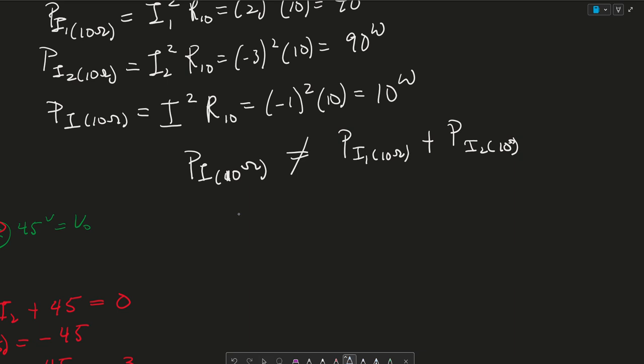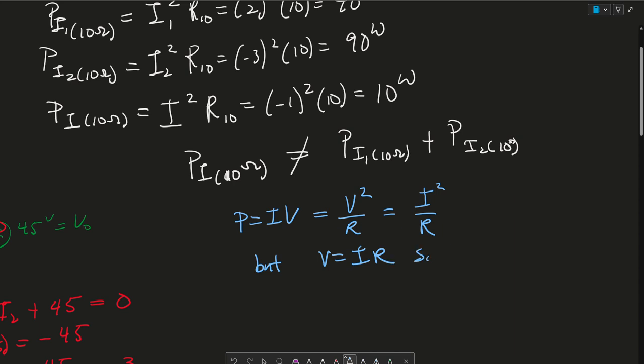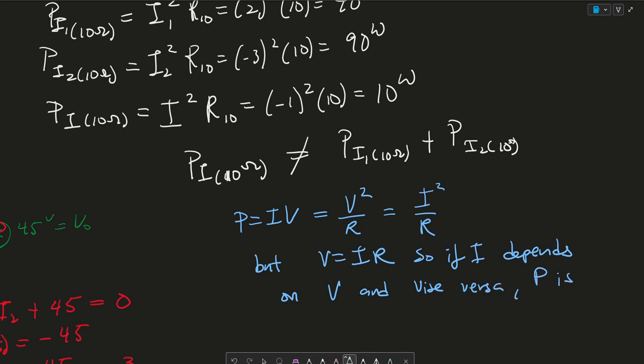For example, if we say P is equal to IV, which is also equal to V squared over R, which is also equal to I squared R. So if P is equal to IV, but V is equal to IR, so if I depends on V and vice versa, P is not linear, because again, I depends on V. So if you change one, the other changes as well in a proportional manner.